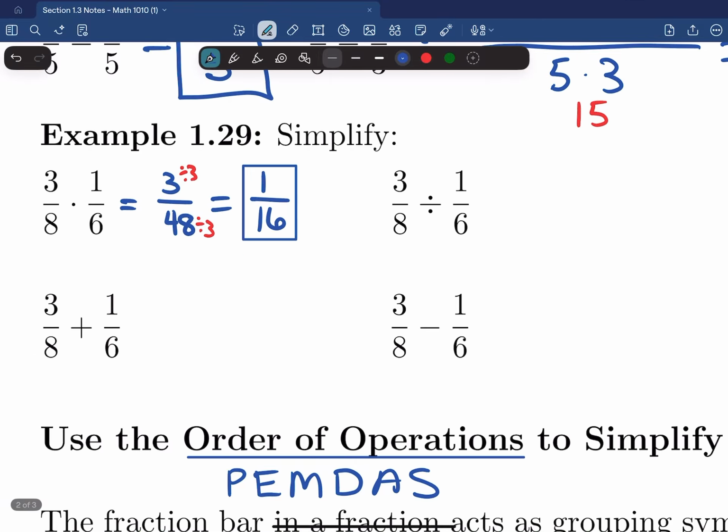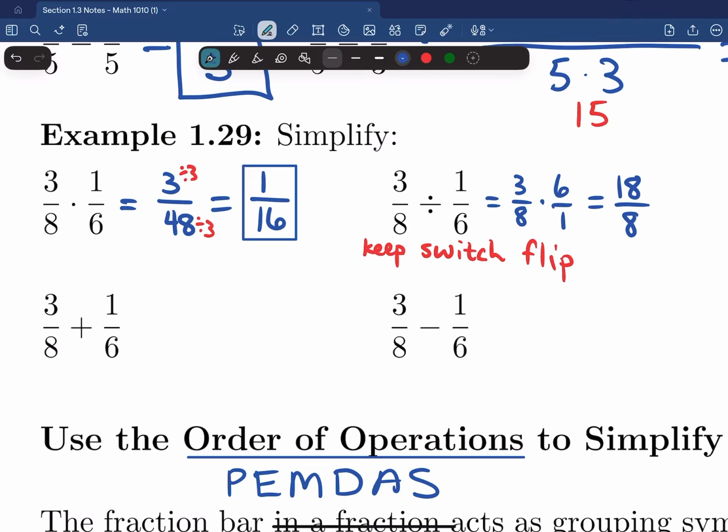Next, let's divide. 3/8 divided by 1/6. You'll remember when we divide, we turn it into multiplication with keep, switch, flip. So let's keep 3/8, switch division to multiplication, and take the reciprocal of 1/6. 3 times 6 is 18. 8 times 1 is 8.